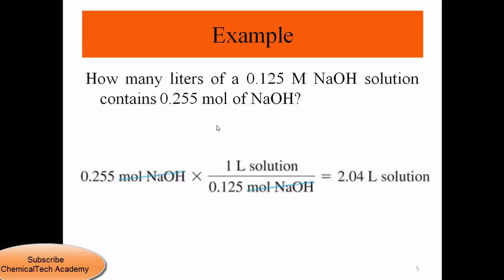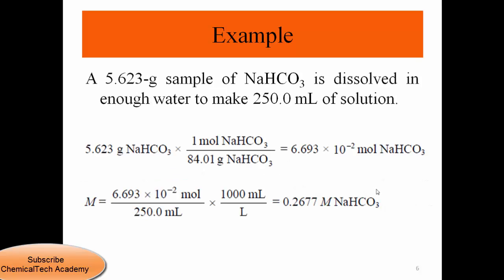We multiply the number of moles of sodium hydroxide by the inverse of concentration, which is 1 liter per 0.125 mole sodium hydroxide. If we cancel the moles, we can find the volume of solution, which is 2.04 liters.